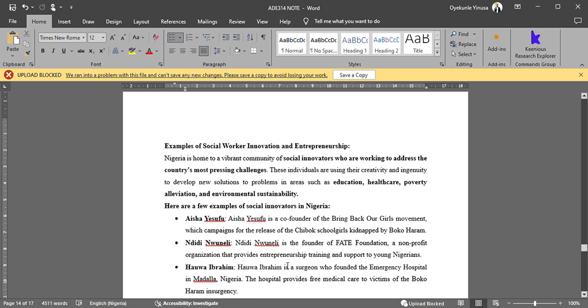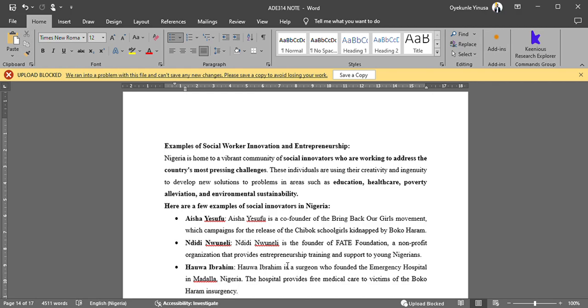Another person you should look at is Ndidi. Ndidi is a founder of Faith Foundation. The foundation has been able to attract a lot of young Nigerians, provide them with entrepreneurship training and support them to go into entrepreneurship, create businesses, and sustain their businesses. So that's another example of social innovators.